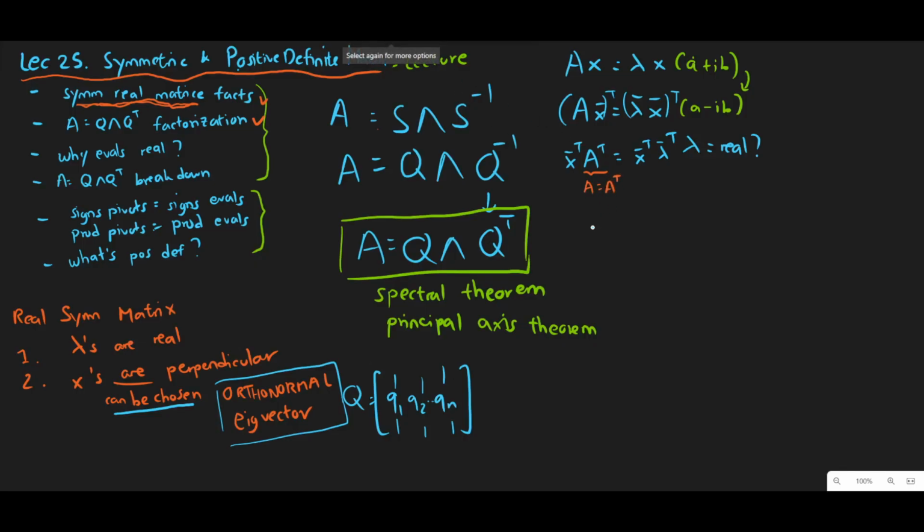So you have x bar transpose A equals x bar transpose lambda bar, and I'm going to multiply both sides by x. So I have x bar transpose A x and x bar transpose lambda bar x. Okay, now let's save this one.